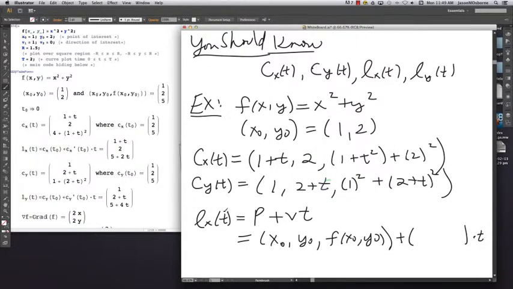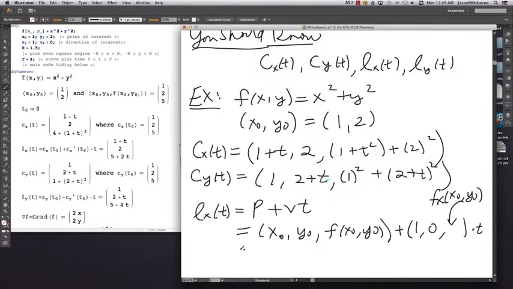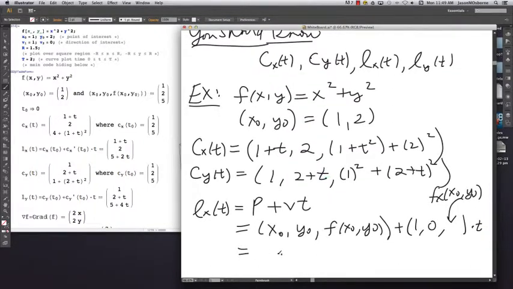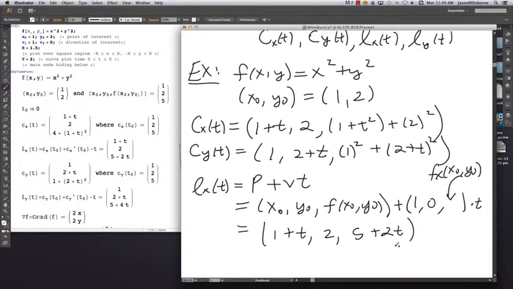Since it's the tangent line in the x direction, your line will point in the 1, 0 direction, and what goes in the last spot should be your partial derivative f sub x evaluated at x naught, y naught. If you compute this out, you will get 1 plus t, 2, 5 plus 2t.